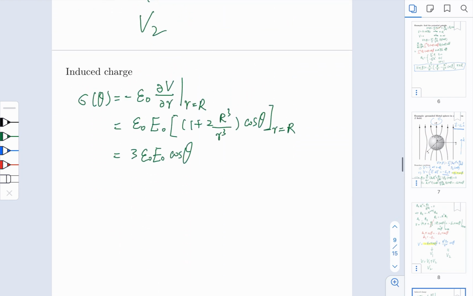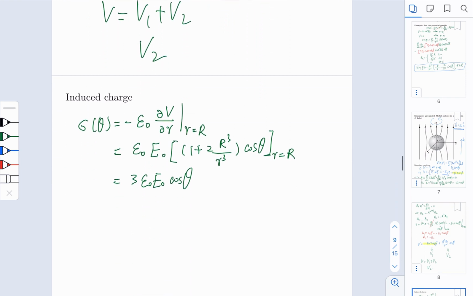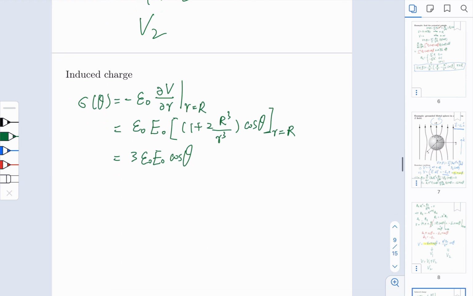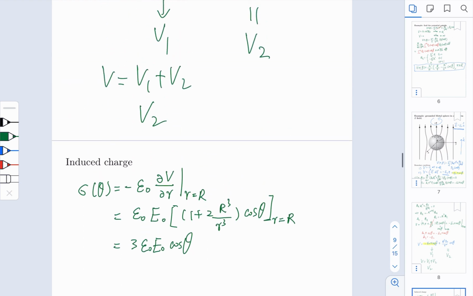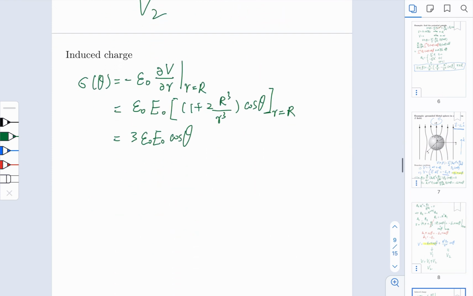Now let's try to plot. In principle, this V should be the total V. But my feeling is that if you use V2, it's still okay. So now let's take a plot of this sigma distribution as a function of theta.